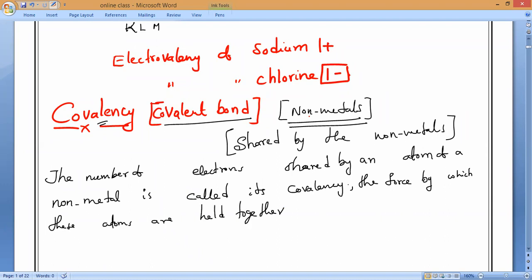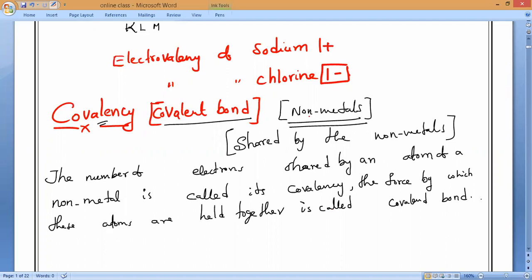You have to respond at least in chat. Are you understanding or not? Held together is called covalent bond. So covalency is shown by whom, only metals or only non-metals? Non-metals only.